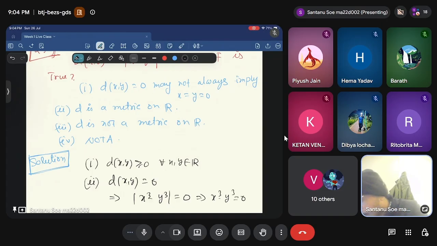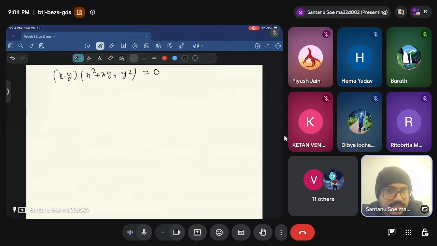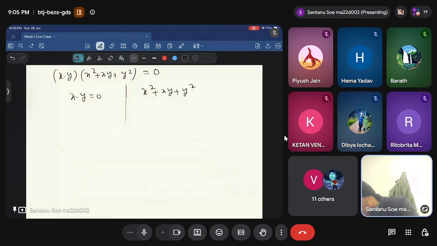Okay, so since x and y are real numbers, this will imply that x minus y into x square plus xy plus y square is 0. So you have two choices: either x equals y, or x square plus xy plus y square is 0.